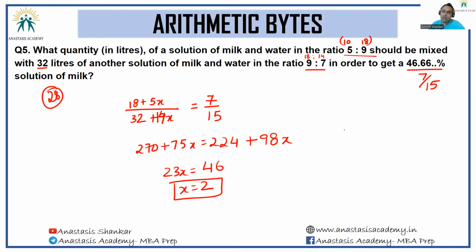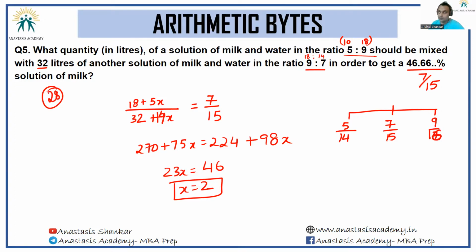In case you're so inclined to go down the path of alligation, in the first solution, you have 5/14 milk. In the second solution, you have 9/16 milk. And finally, you need 7/15 milk. So if you try to find the balance, LCM would be 14, 15, 16. So 240 into 7, 1680.